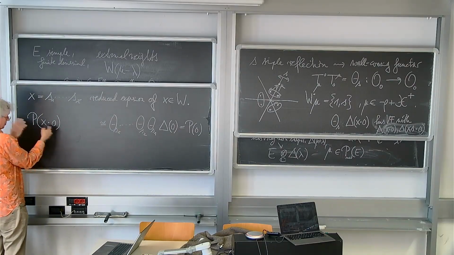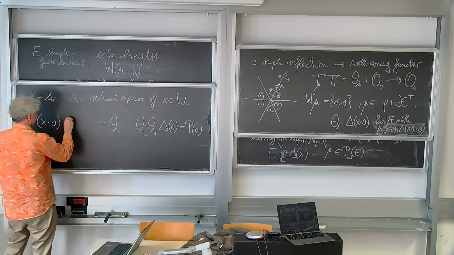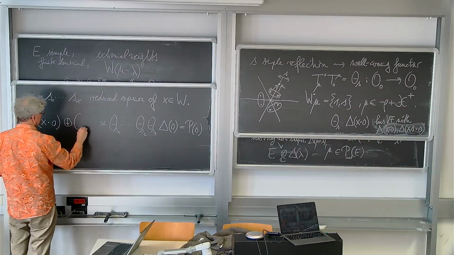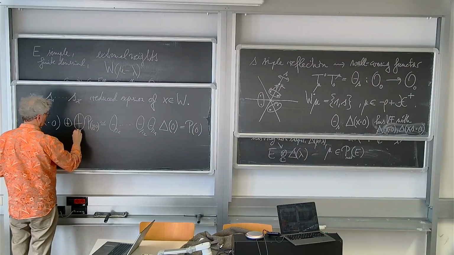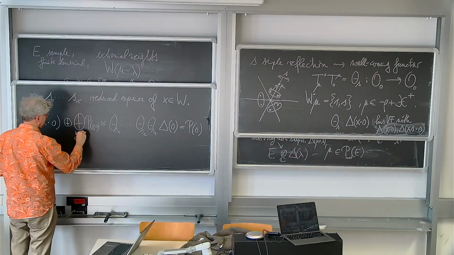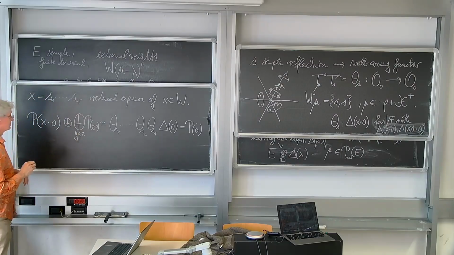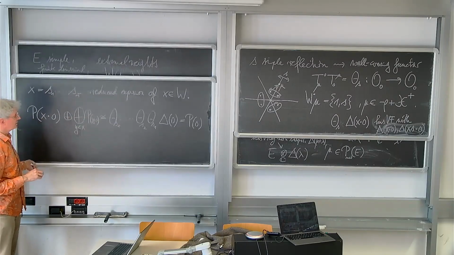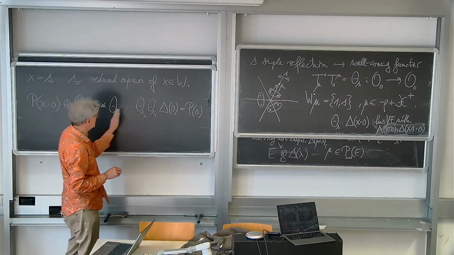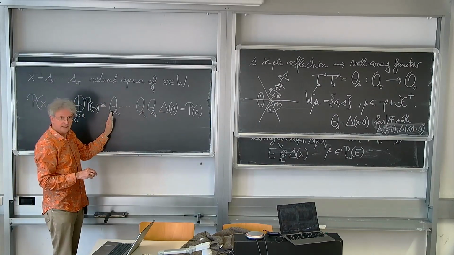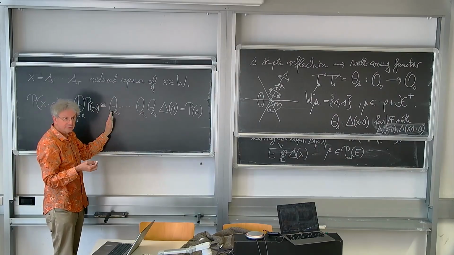So it will be a sum of indecomposable projectives, and it would be a sum of P(y), where y is smaller than x. So yeah, because all these wall crossing functors make projectives to projectives.